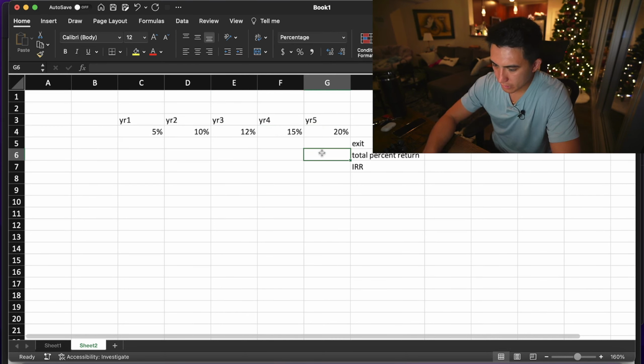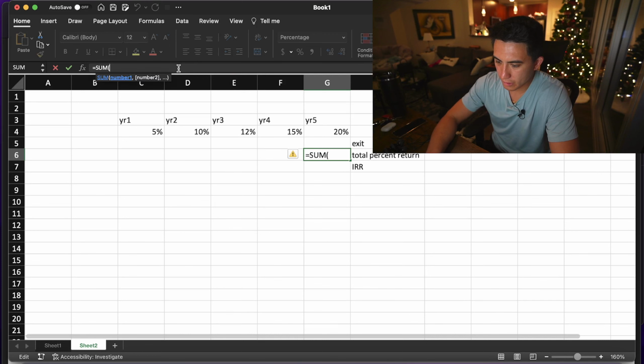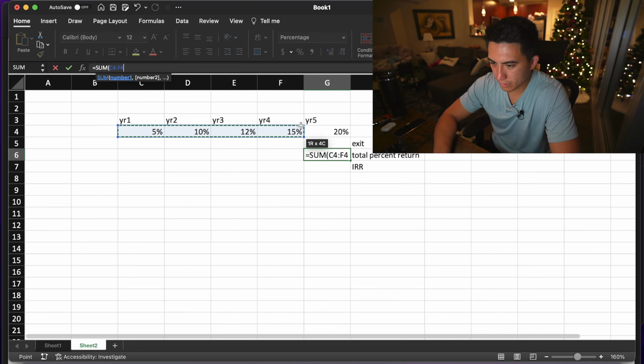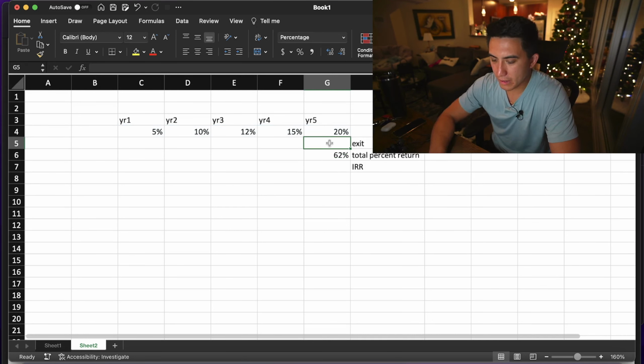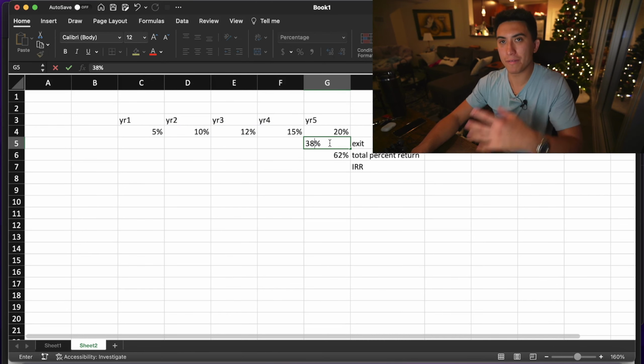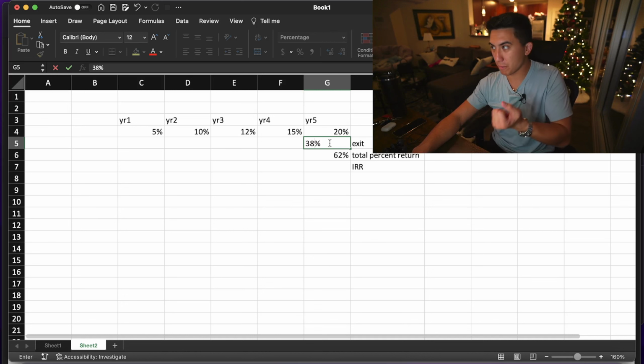This is going to equal the sum of all that, and then you exited this for 38% profit on the actual exit of the property. So you got 38% more than you paid for it. You got to take that out of the property on top of the cash flow you were paid throughout all the years.